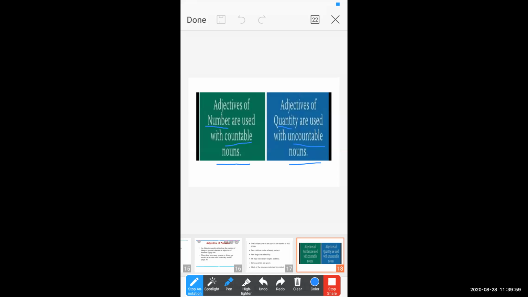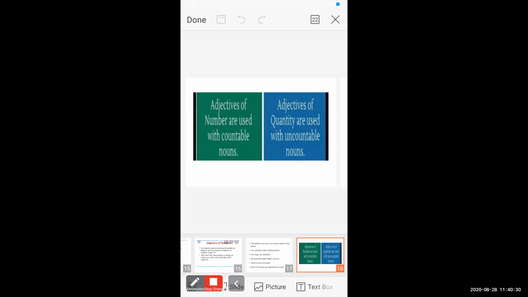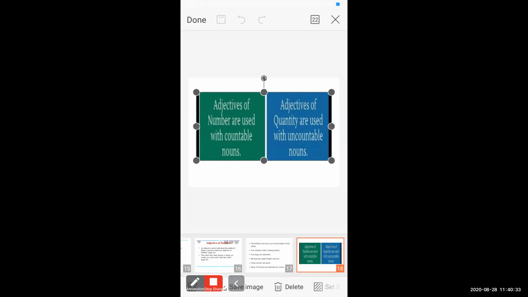So if in a sentence you observe a particular noun which you can count, that comes under the adjective of number. For example, students, take the sentence you read just now: there are some pictures on the wall. Okay, some pictures. Now pictures you can count, right? So that's the reason the word "some" is utilized as an adjective of number. Okay, if I write there, there is some rice.